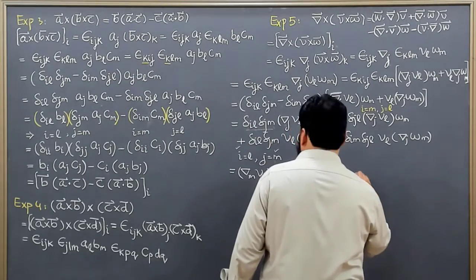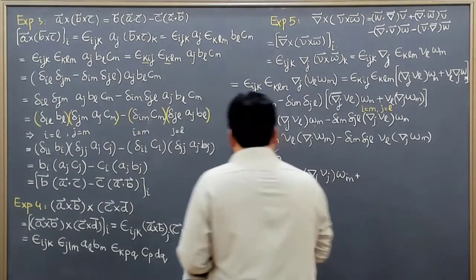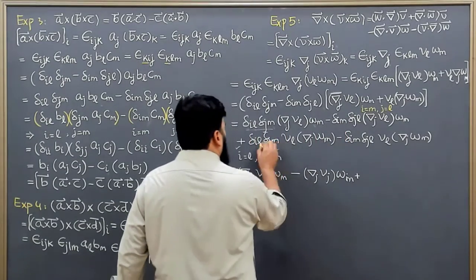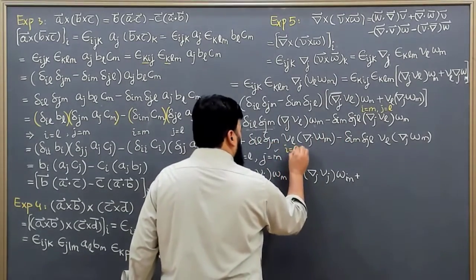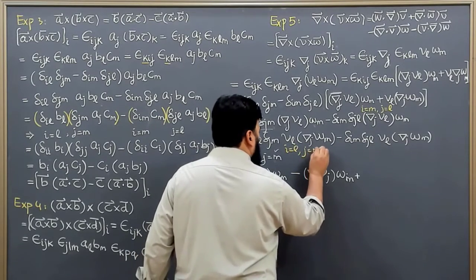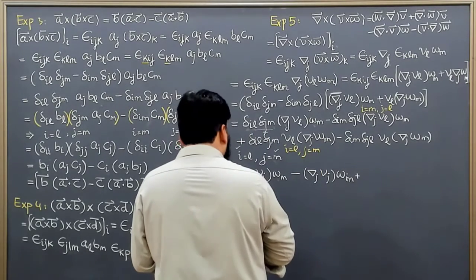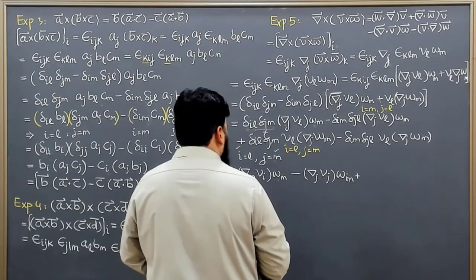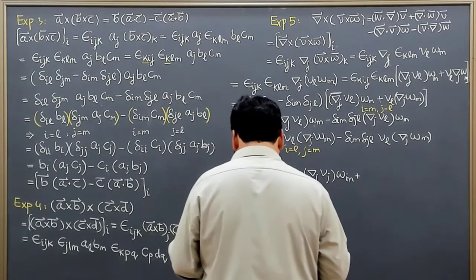Then plus, here I will write I equals L and J equals M, and I will retain the I and the M components here.